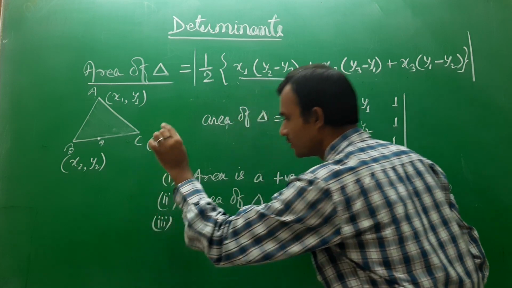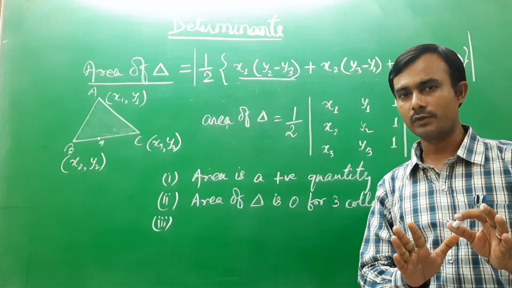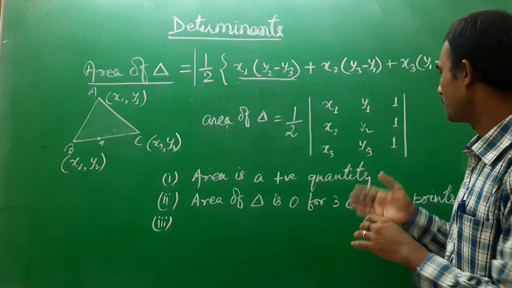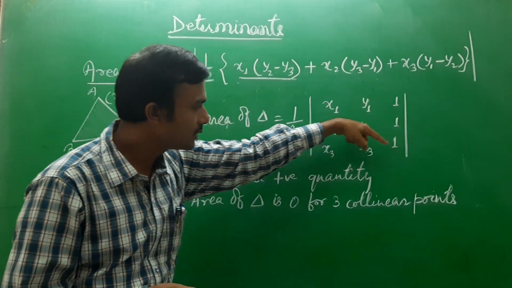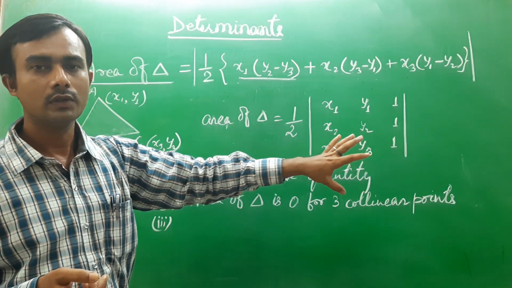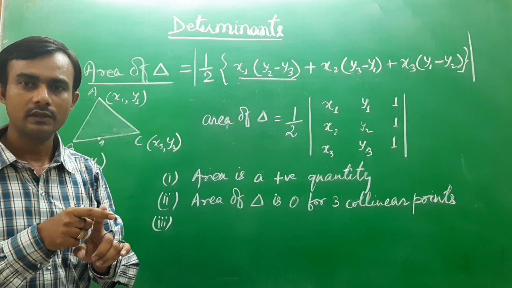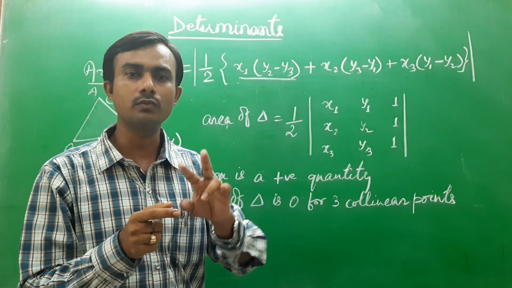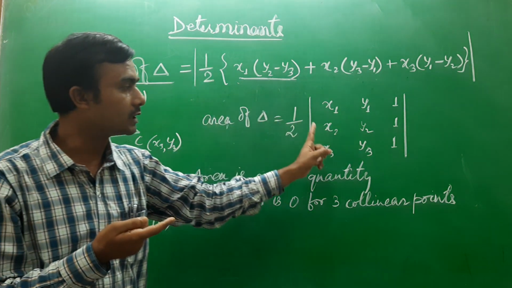Now next, as I told, area will always be positive. So if we get the determinant negative here, then you have to use the absolute value. But if the area of the triangle is given, then you have to use both positive and negative values for the determinant.